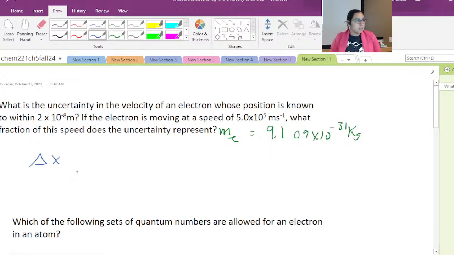Our uncertainty in our position times uncertainty in momentum, and we want to recognize that momentum is going to be our mass times velocity. Now we can start plugging things in.